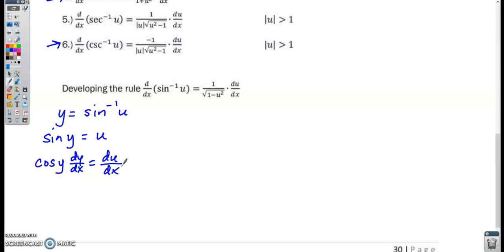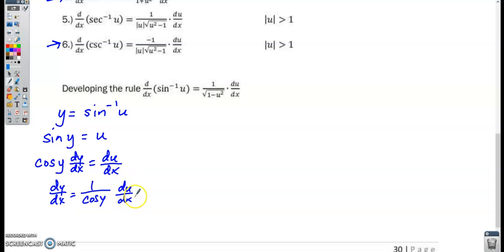Okay, where do I go from here? Well, I'm trying to come up with a rule for the derivative of the arc sine of u, and since y is the arc sine of u, I'm trying to solve this for dy dx. So I'm going to go ahead and multiply both sides by 1 over cosine. That gives us dy dx equals 1 over cosine of y times du dx.